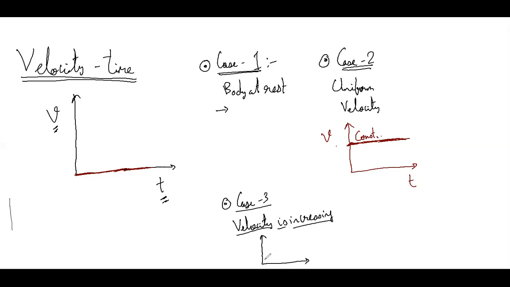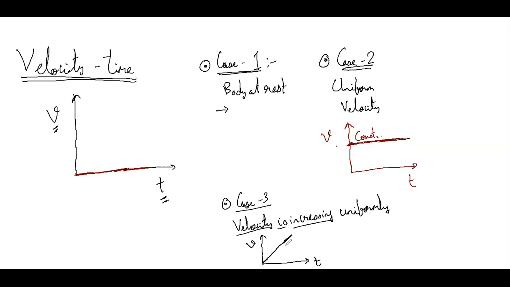Just a straight, slanting, diagonal line. It is a line inclined to the x-axis. So it will be something like this. These are generally the 3 cases which we study.